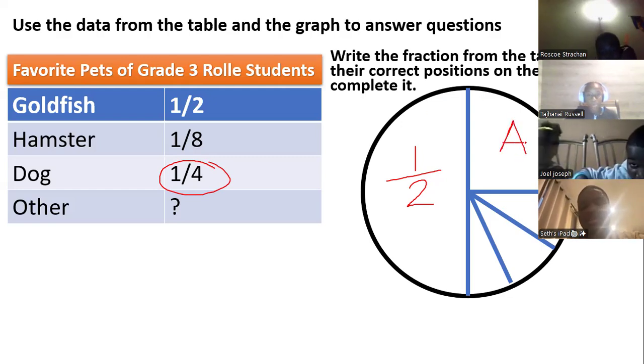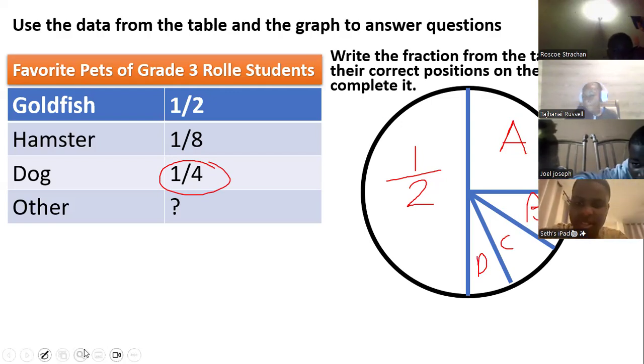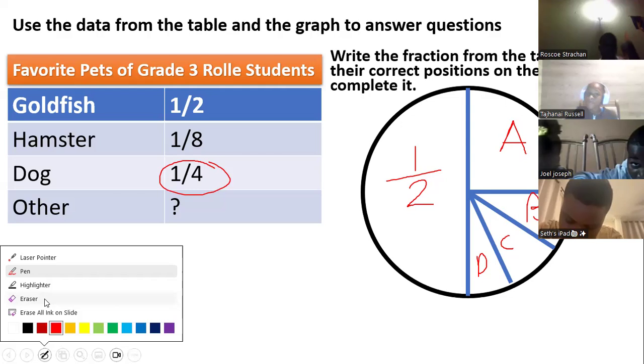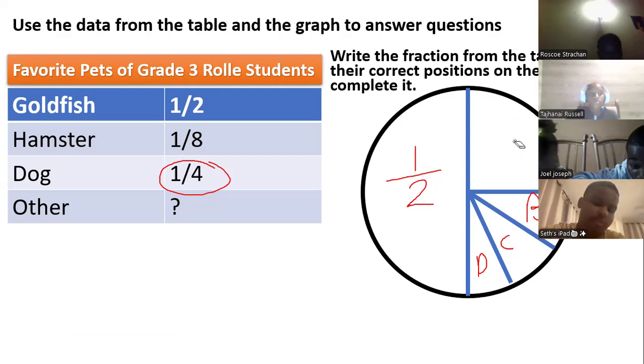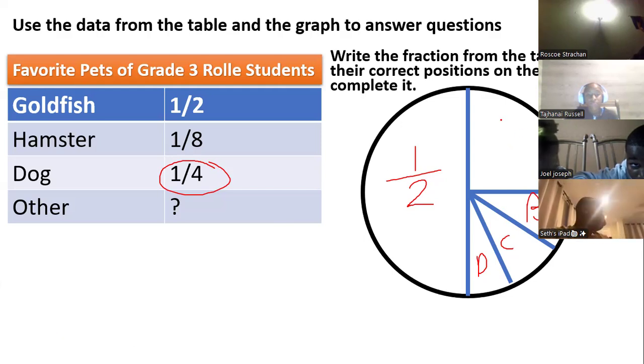This one is A, this one is B, this one is C, this one is D. Which one is a fourth? A. Very good. So A is 1 over 4.